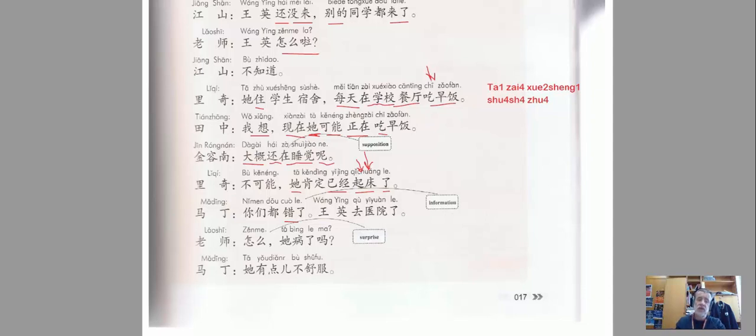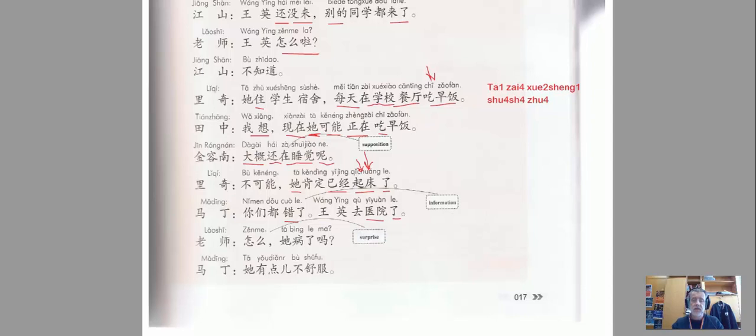And then 王英去医院了. So here with 王英去医院了, again, the verb in a sense is at the end of the sentence, but really also the verb, as we can see, is followed by an object. So the verb is to go. The object, which is the place to which we're going, is the hospital. The 了 at the end means, again, both.